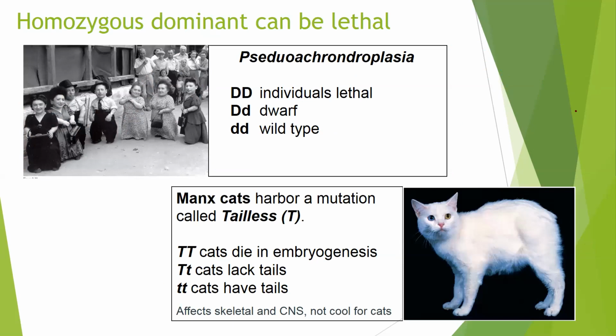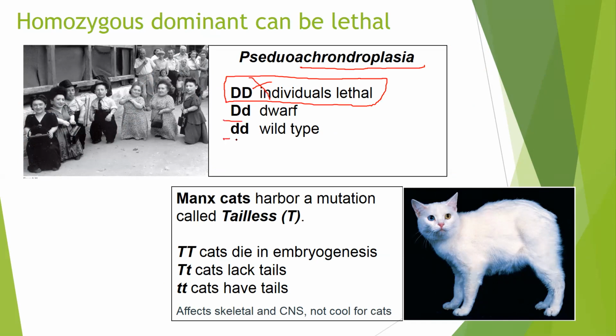So in humans, achondroplasia is an example of a recessive lethal allele, because this genotype is not viable. Any human carrying it cannot survive, so you're not going to see this.